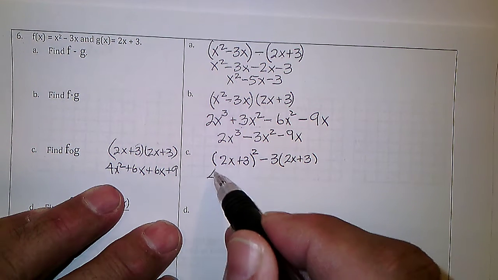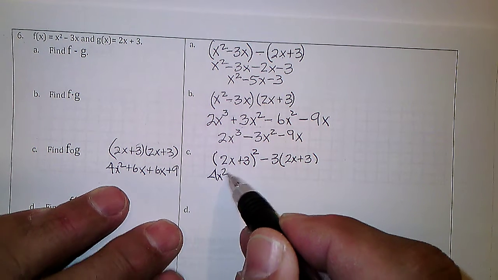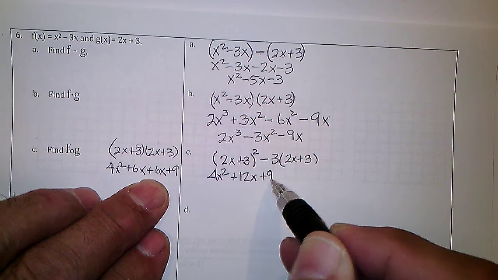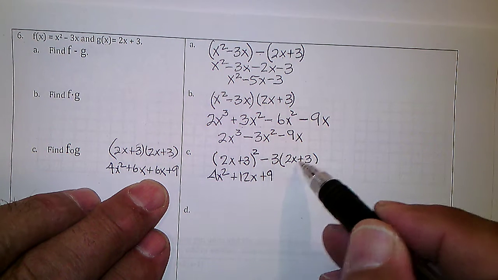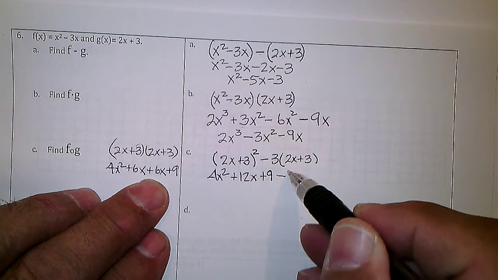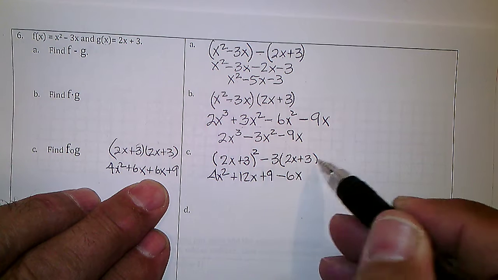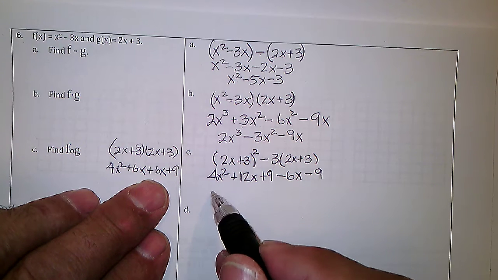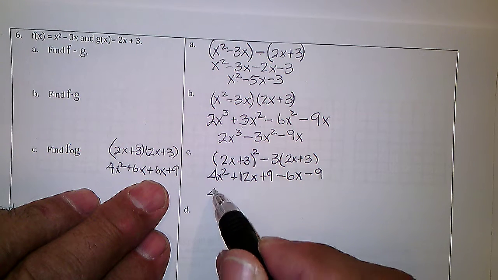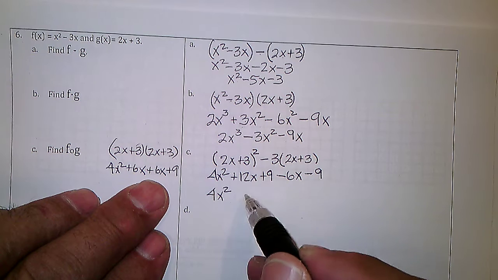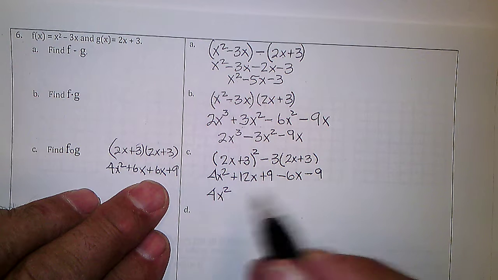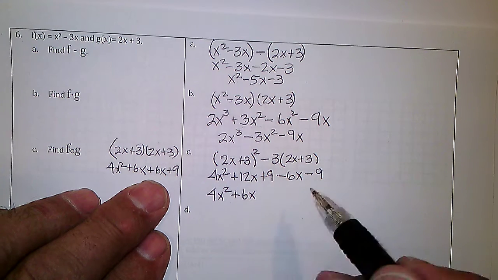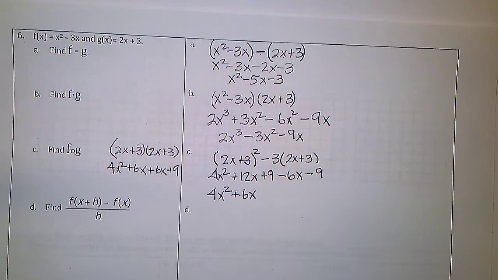So I have 4x squared plus 12x plus 9. Then I got to take negative 3 times the 2x, so that's negative 6x. And negative 3 times the 3 is minus 9. So combining like terms, I have 4x squared plus 12x minus 6x is plus 6x. Plus 9 minus 9 is gone. So there's my answer.